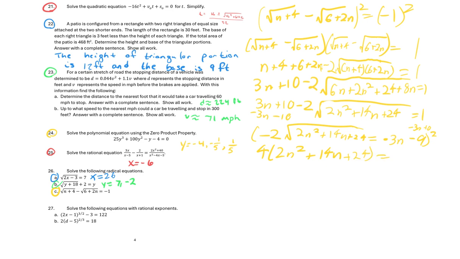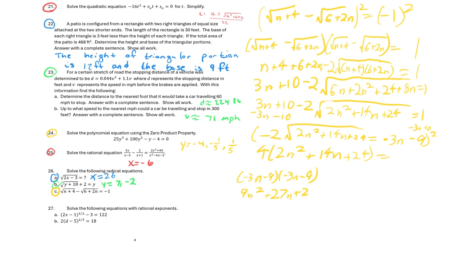Now what we're doing here is we're FOILing out negative 3n minus 9. So I'm going to do that over on this side. So negative 3n minus 9 times negative 3n minus 9. First term, we're going to have negative 3n times negative 3n, so 9n squared. Our outer term is negative 3n times negative 9, so plus 27n.